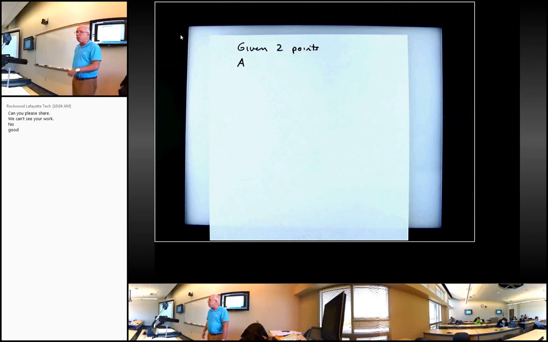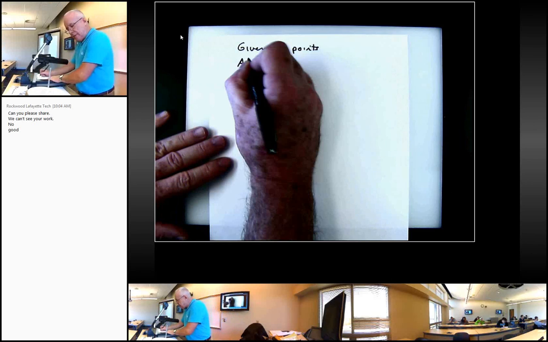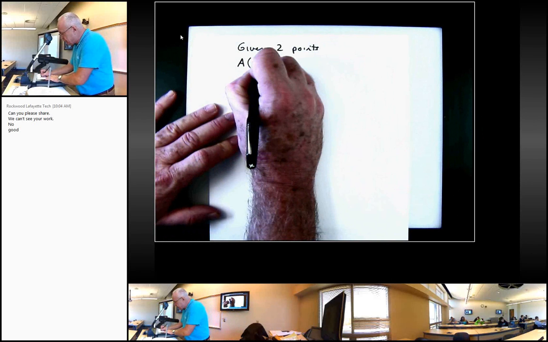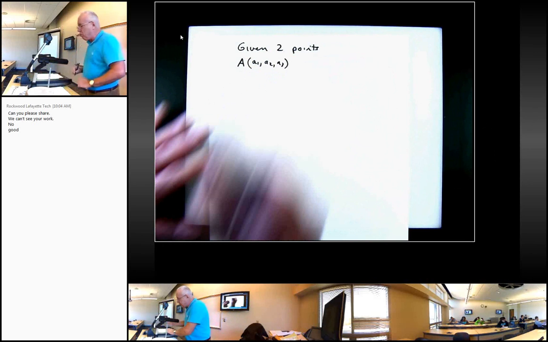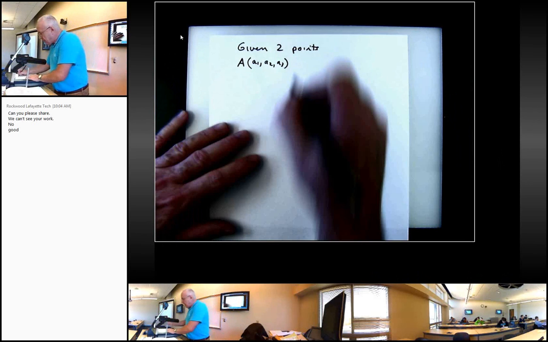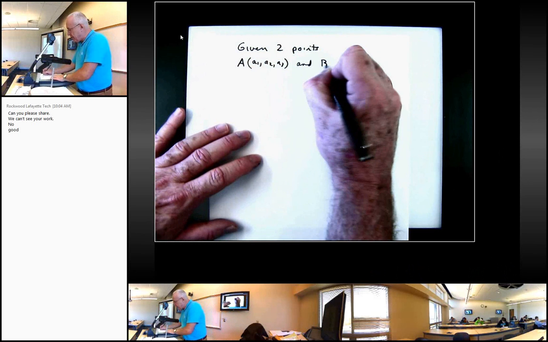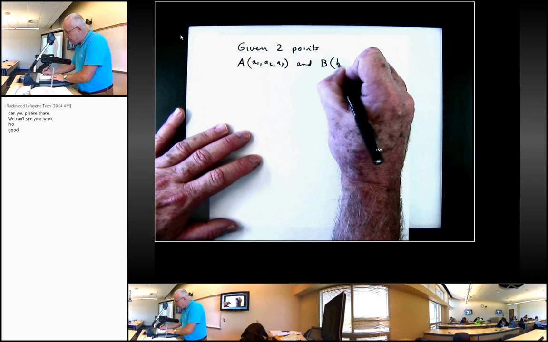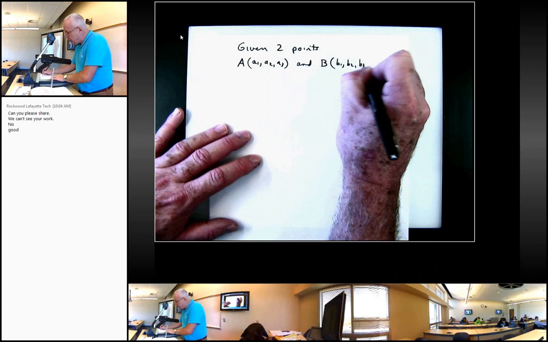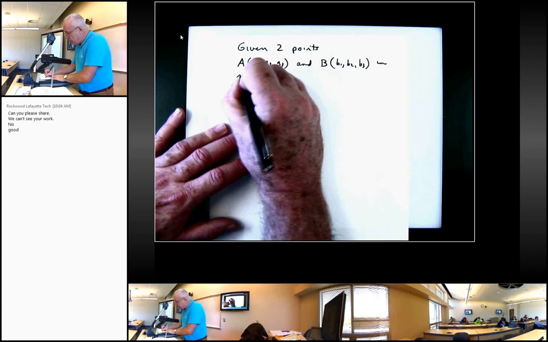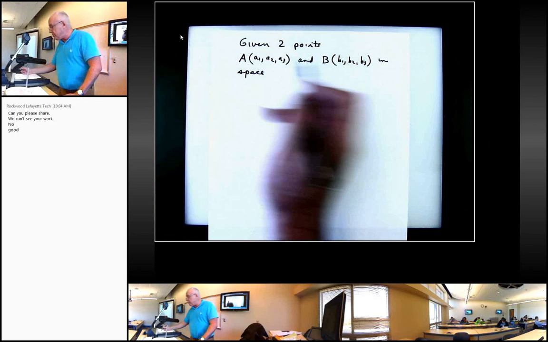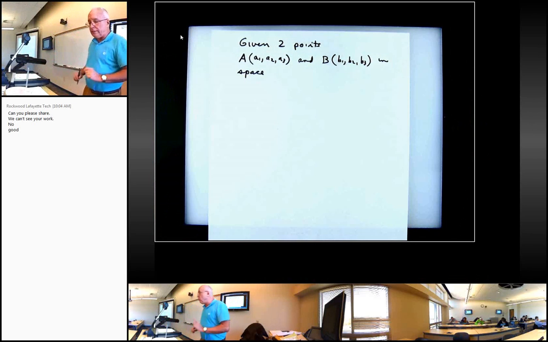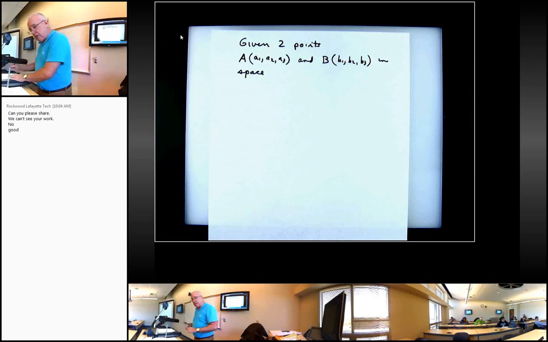You might see the point denoted with a capital letter, and then after it you're going to have some numbers. Here I'm just going to put A1, A2, and A3. So this is point A. And then we have a point B, so we have capital B, with B1, B2, and B3 in space. Notice for these points, we have parentheses, not brackets.